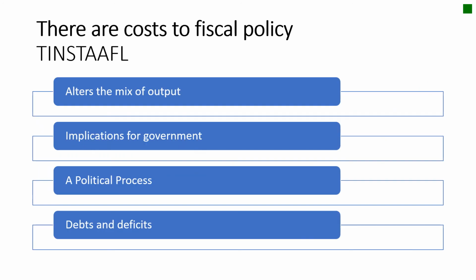So, final point here. Fiscal policy is not a win-win scenario. There's always something that we have to give up. So in this case, using fiscal policy, it's going to change our output, right? So if we're using increased government spending or transfer payments, then people are going to be consuming differently than they were before, right? This at times tends to grow the size of government, right?